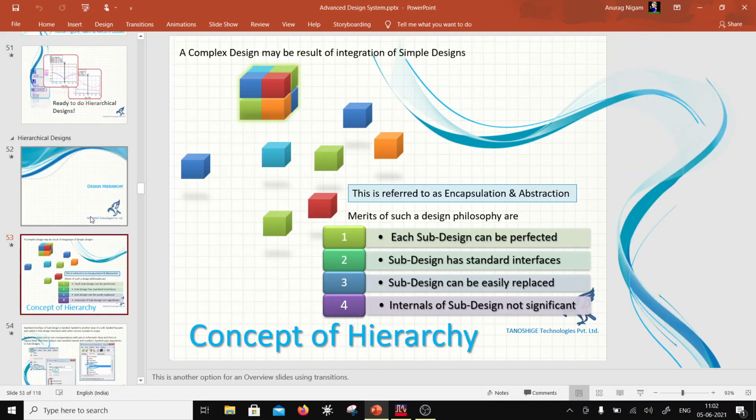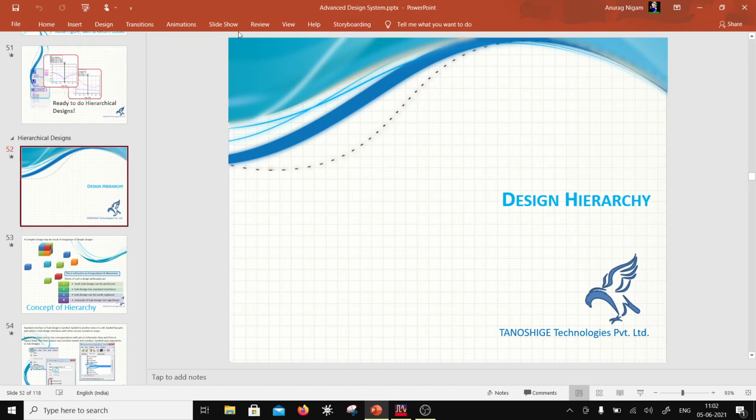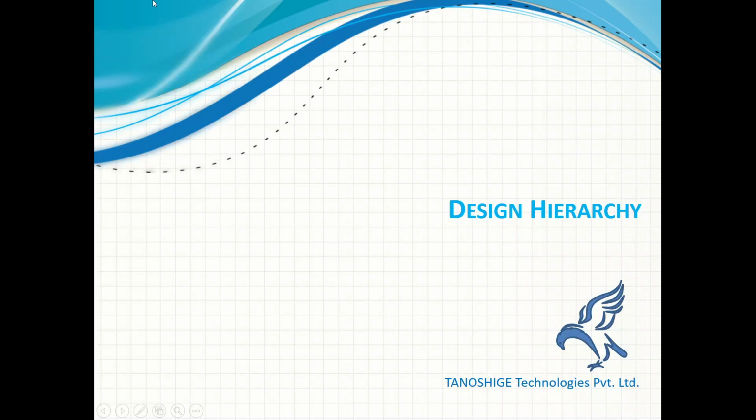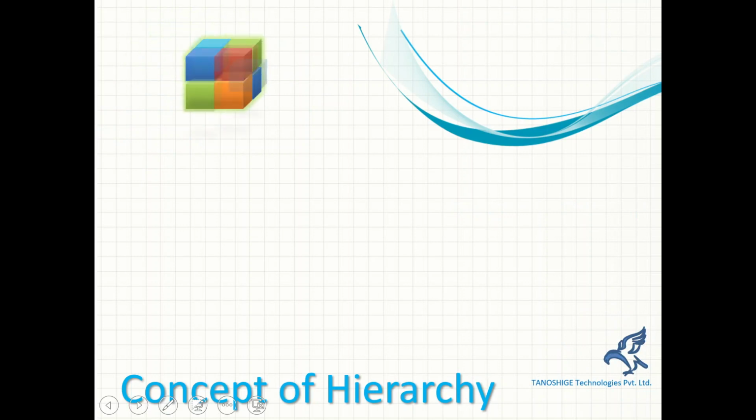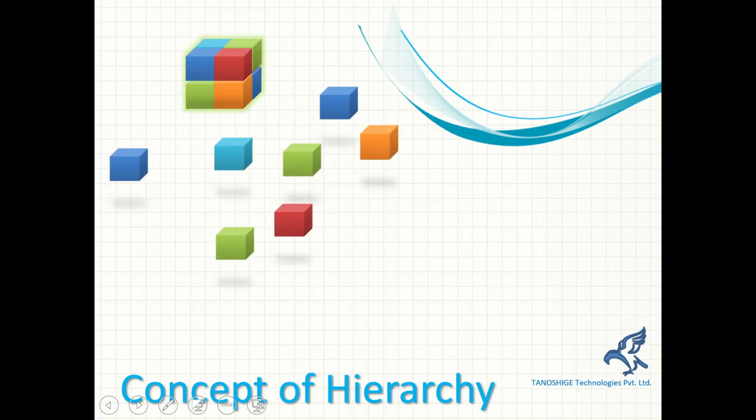Okay, so we are talking about design hierarchy. What's the use of design hierarchy? A design can be split up into sub-designs or sub-networks. A complex design may result from integration of smaller designs.